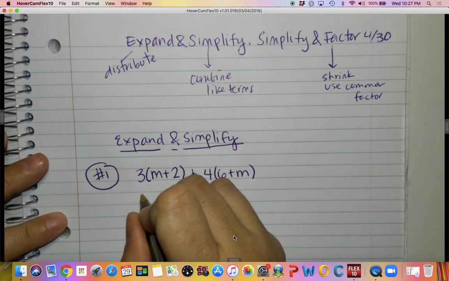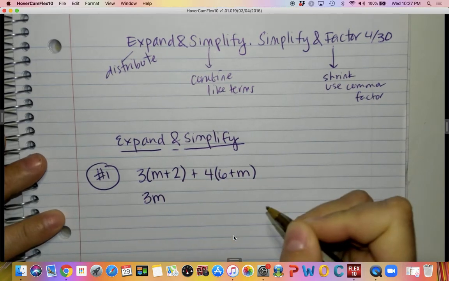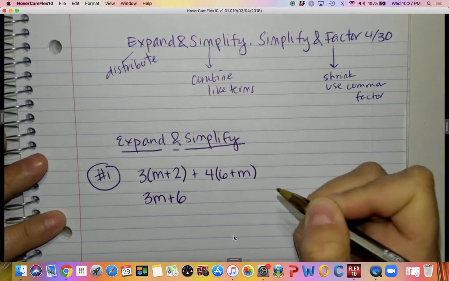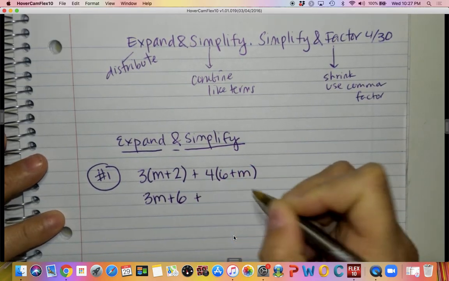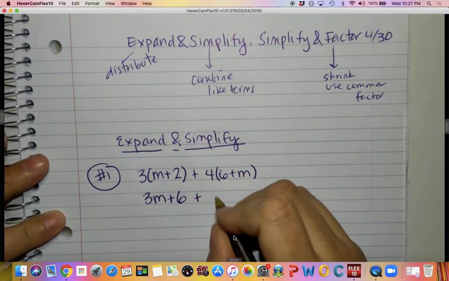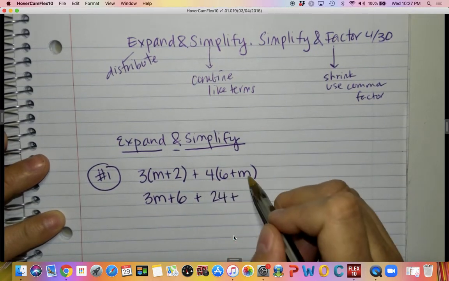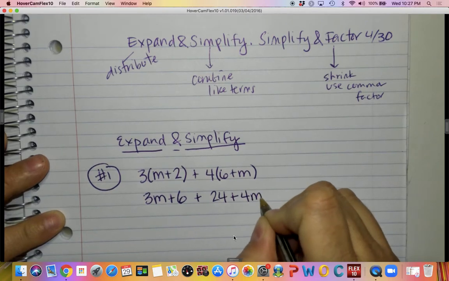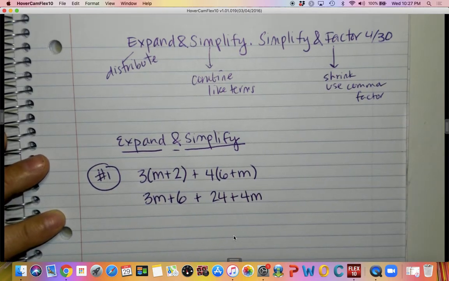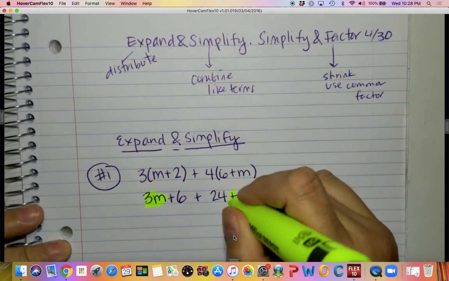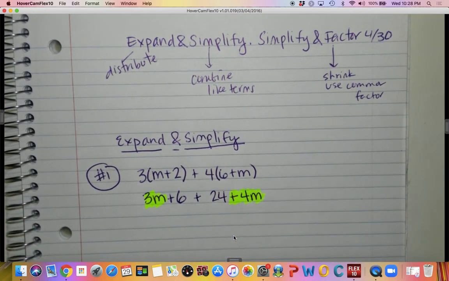So 3 times m is 3m, plus 3 times 2 is 6, plus 4 times 6 is 24, plus 4 times m is 4m. Now I'm going to find my m's, and I'm going to find my numbers.